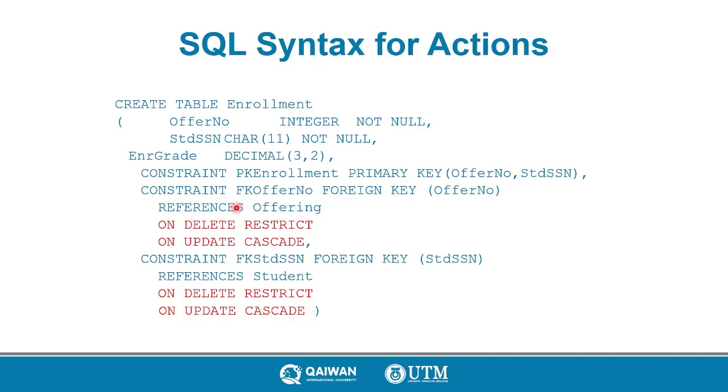Now constraint number two, FK offer number, or foreign key offer number, is a foreign key from the offering table. References offering, which is the table, and this table will have an ID. That offer number would be the ID for the offering table. On delete restrict, on update cascade.